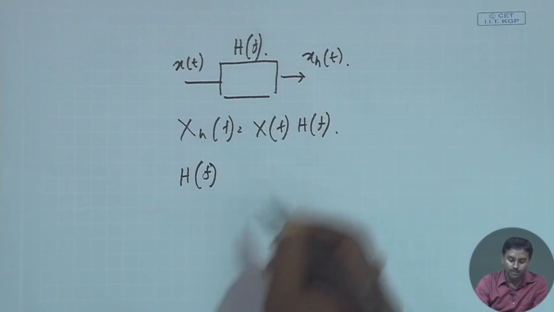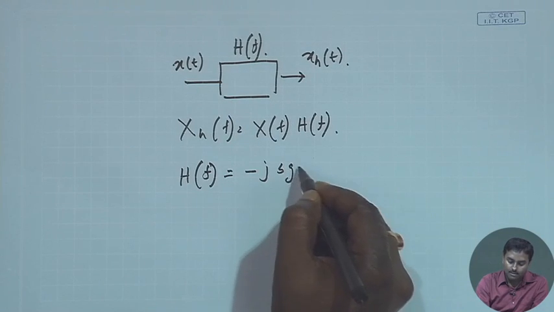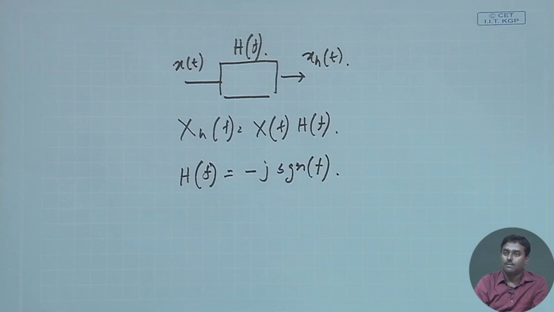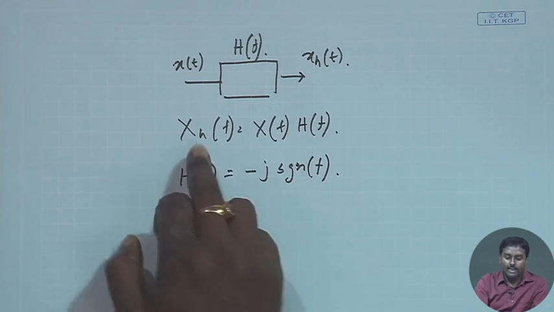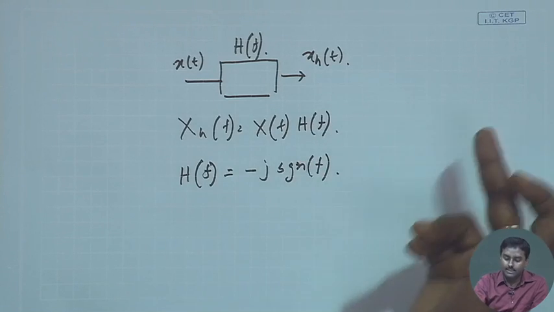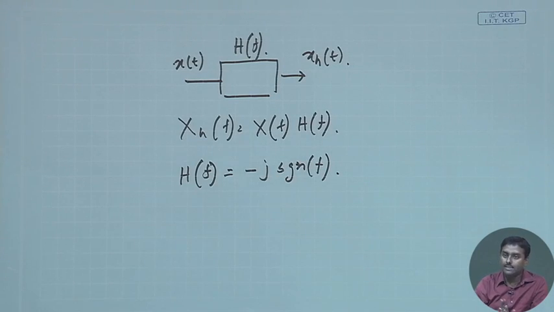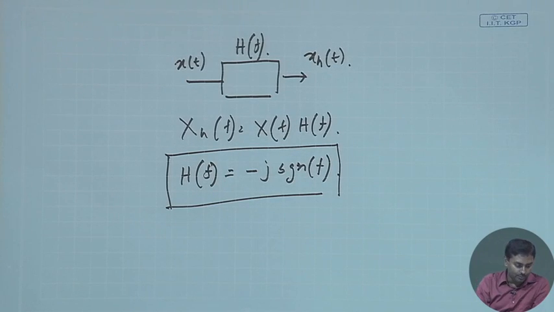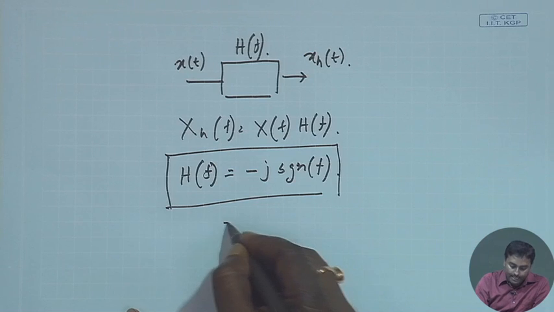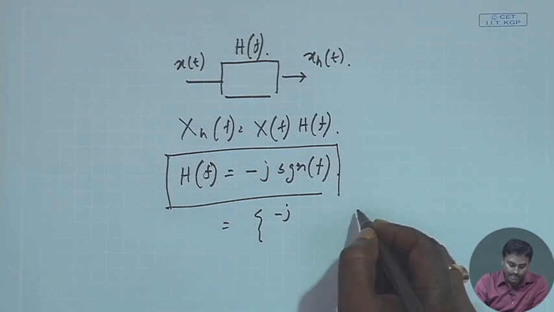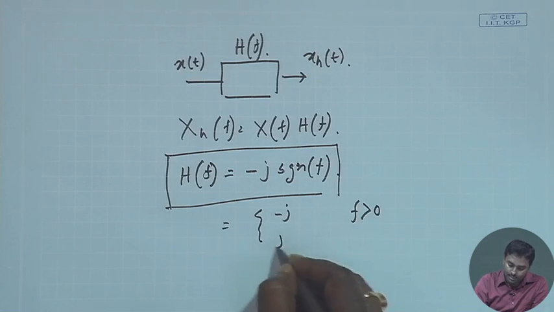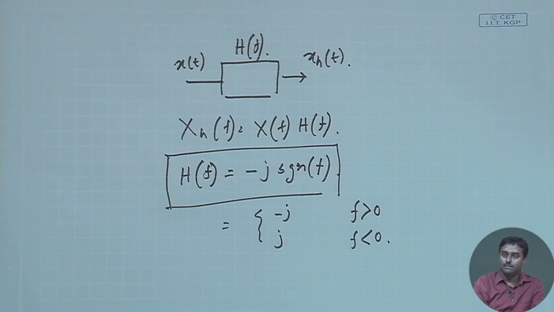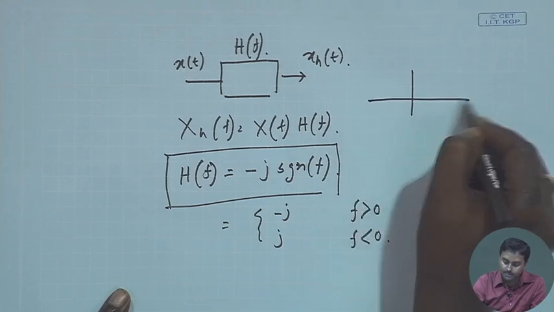If this is the Hilbert transformer, we have already proven that X_h(f) is X(f) into minus j signum f, therefore H(f) must be minus j signum f. So this is the transfer function of a Hilbert transform, which I can write as minus j when f is greater than 0 and plus j when f is less than 0, because the signum function we have already defined is nothing but this.